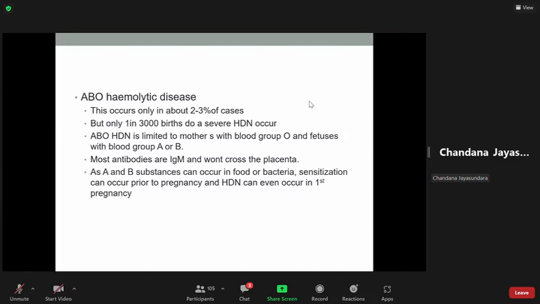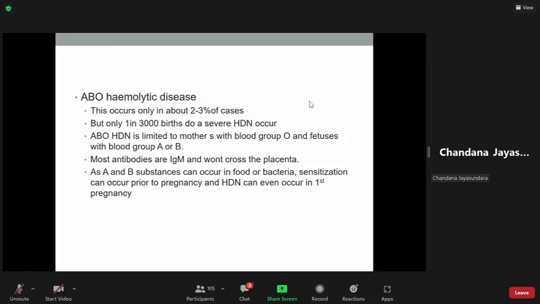But then after some time, they realized that not only this Rh system causes antigen reaction, but the ABO system also can result in antibody production, right? So this is also common, in the sense it can occur in up to 2 to 3% of cases, but it will rarely cause a severe hemolytic disease of the newborn, right?